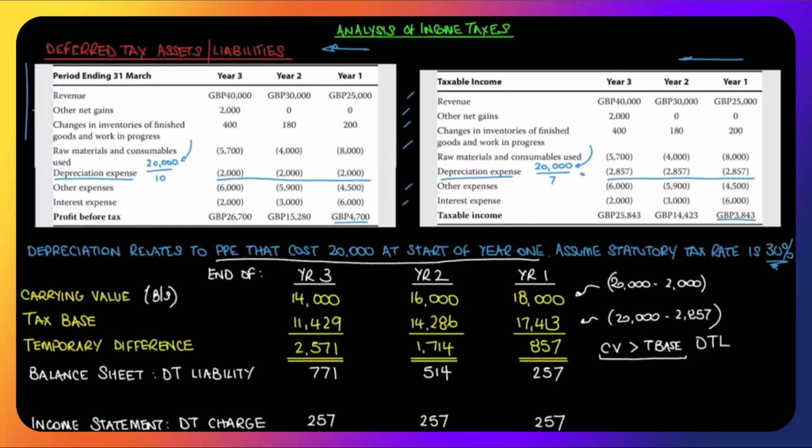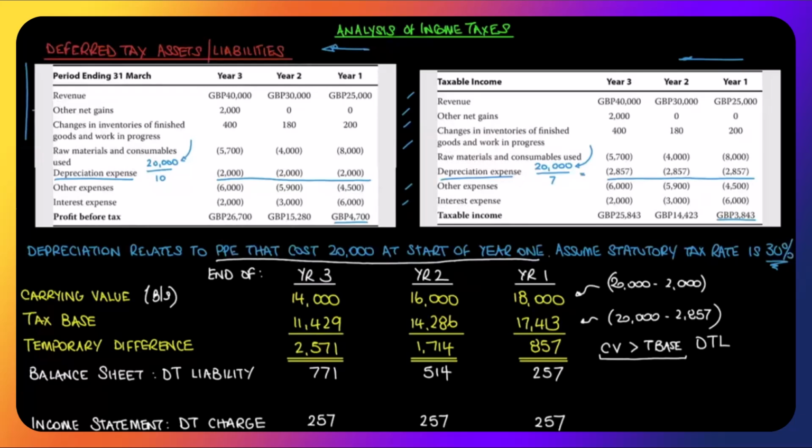We therefore paid less tax this year, but deferred, and the clue is in the name, deferred tax is all about what's happening in the future. What have we deferred? Well, by paying less tax this year, we have deferred a tax liability. Less tax this year means more in the future. So we have a DTL.